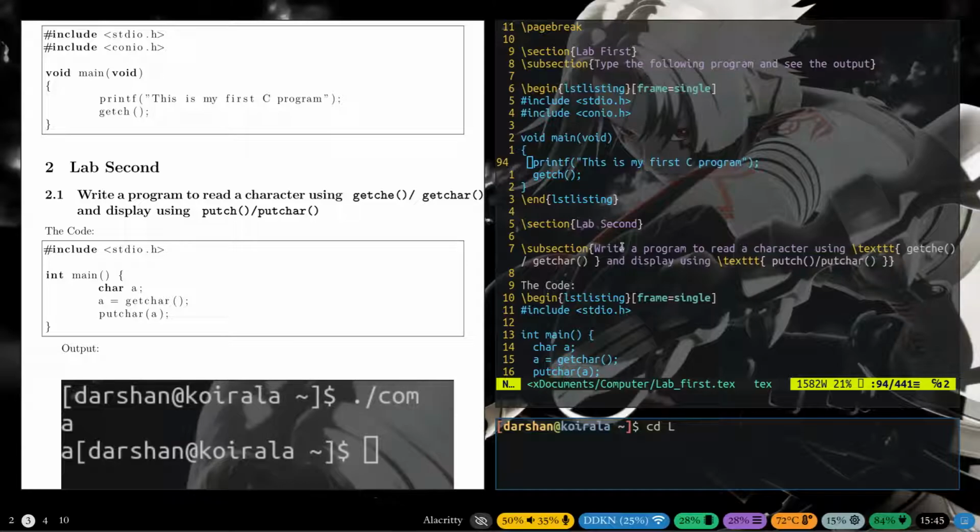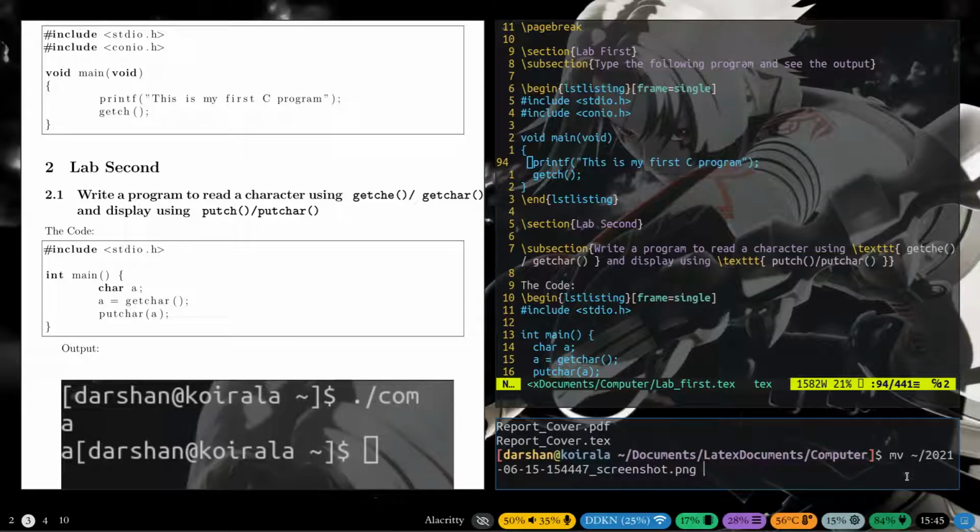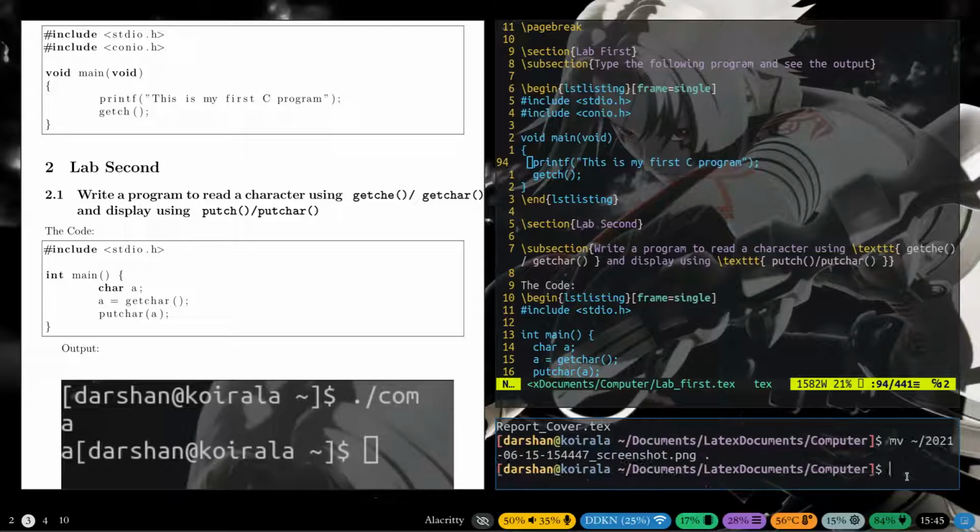Why is it not working? Oh, documents, LaTeX document, computer lab, yes. So here may be everything that we need. Yeah, okay. So let's get it just one. Okay.